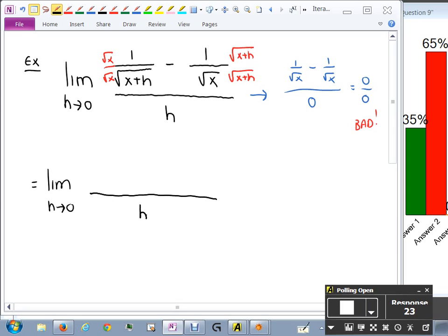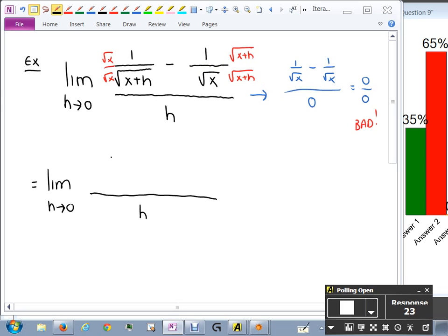So what does this new thing up here become? What's this top left right here? Root x over the common, right? Minus, what's this top up here? Root x plus h over the common. So all I really have to do is put this new numerator minus this new numerator over the common denominator.